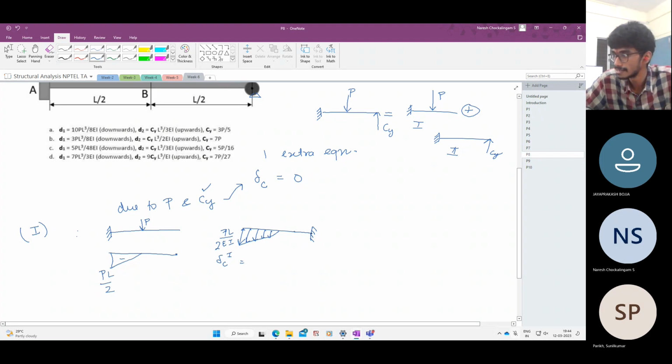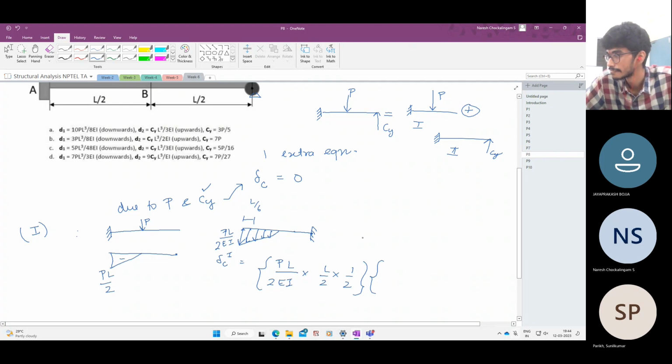Now getting the support moment is very simple. What is the total force? It is PL by 2EI, times a half since it's a triangle, acting at L by 2. Where does this act? It acts at L by 2 by 3, so L by 6 from this side. On this side it is L by 6 into 2, which is L by 3. So L by 2 plus L by 3.